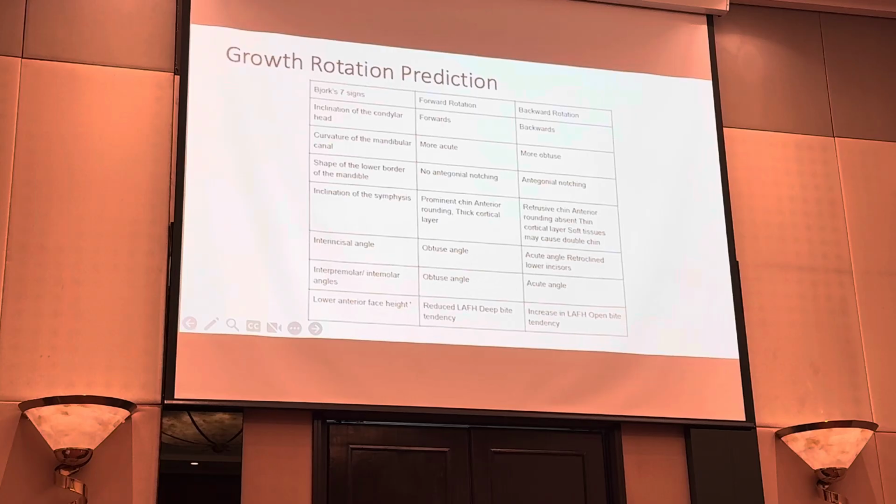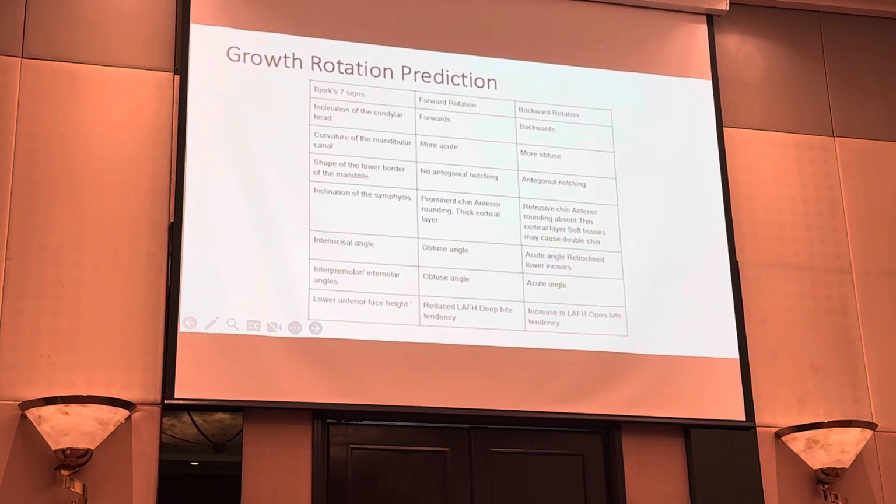Every year, or at a particular time period, he would take x-rays. Nowadays, it would never be approved at all. What he found was that there are actually 7 signs. As he monitored the child's growth and kept taking x-rays, he saw certain things keep changing, and the growth pattern correlates with them. That's how he got his 7 signs. So we'll look at them.